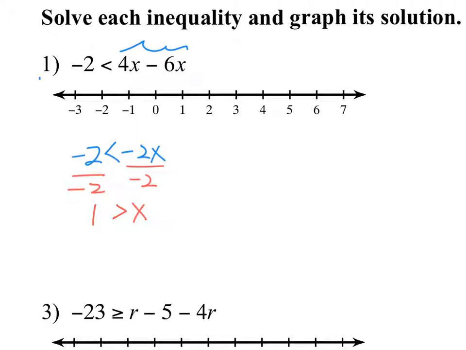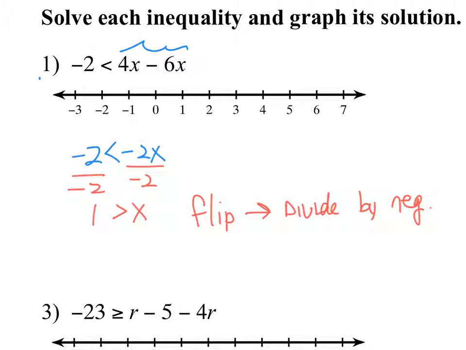I'm just going to write the word flip here because I divided both sides by a negative. That's multiplying or dividing by a negative is when that flip happens. Now if I read this from right to left, from x's perspective, x is less than 1.